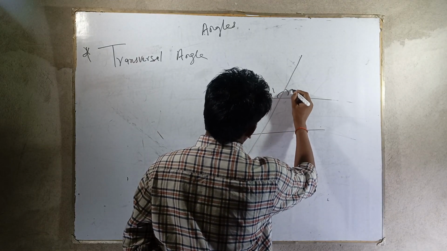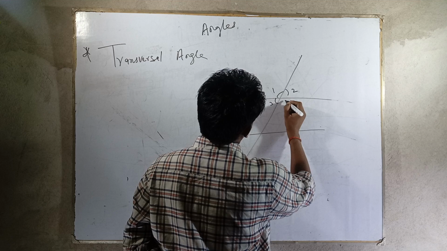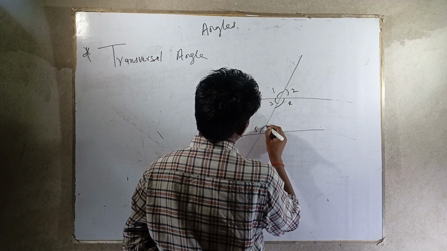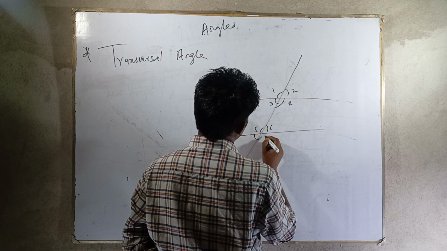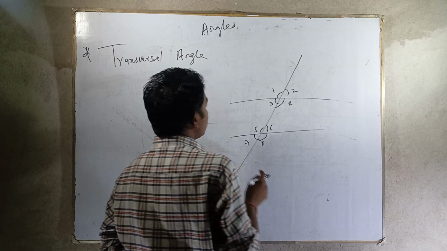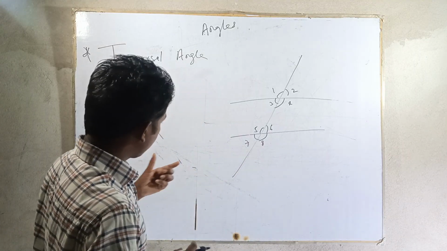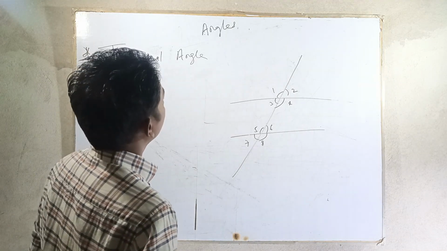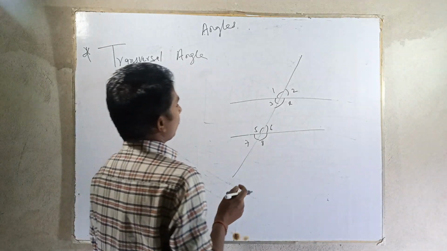1, 2, 3, 4, 5, 6, 7, 8. Now in this figure you are looking at different types of angle. Which angle is called which thing?